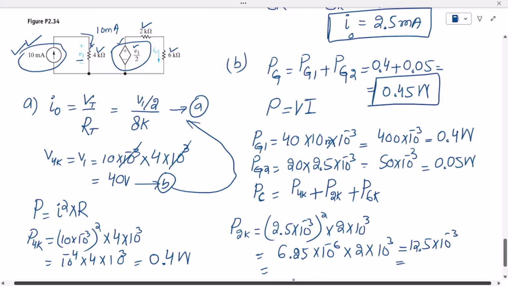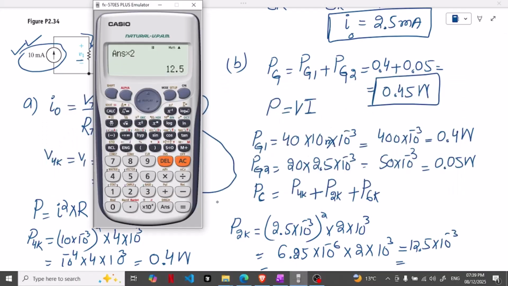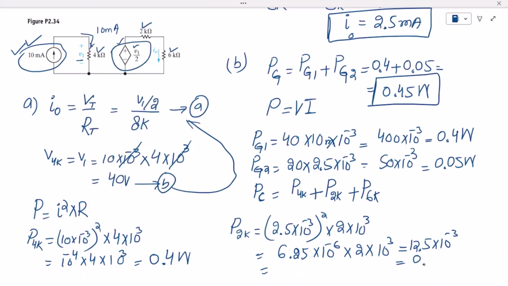Or finding it out again, 12.5 divided by 1000, it will be 0.0125. This is for the second one.